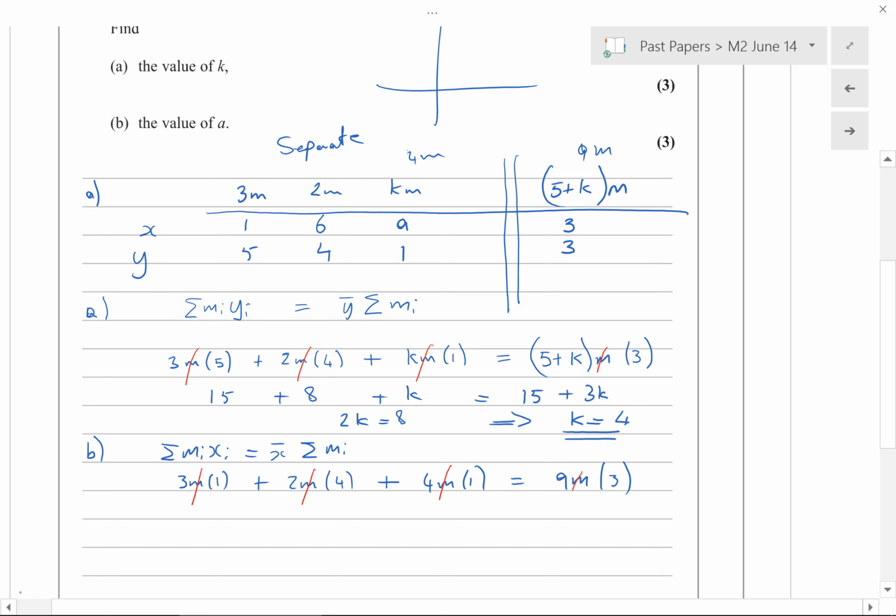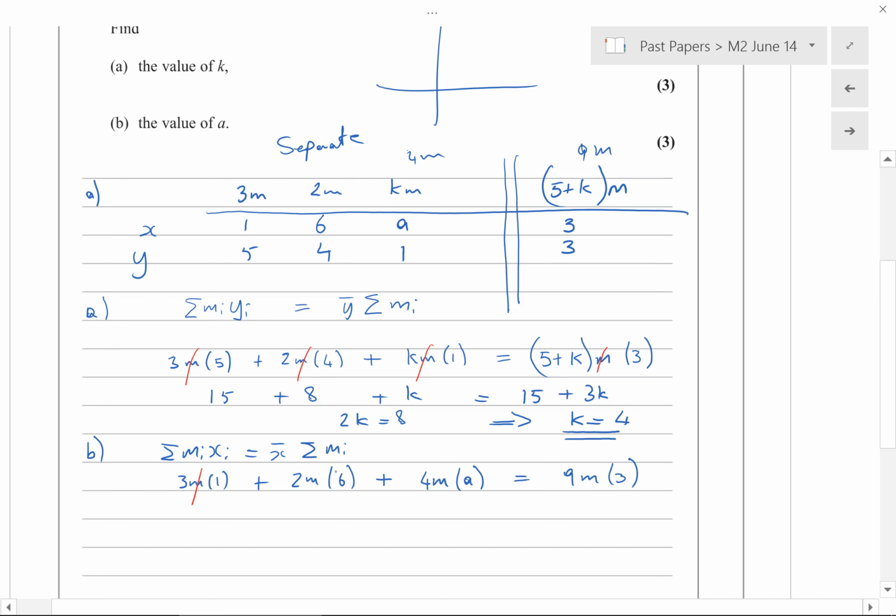My a has somehow gone astray, have I chosen the wrong numbers? That doesn't look right, does it? Okay, it's the correct one. 3m times 1, it just shows you again, take care, I didn't even have an a in my equation. At least then I knew that I couldn't possibly be right. But anyway, this is the correct equation.